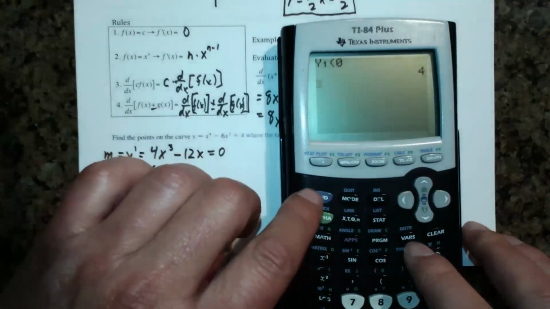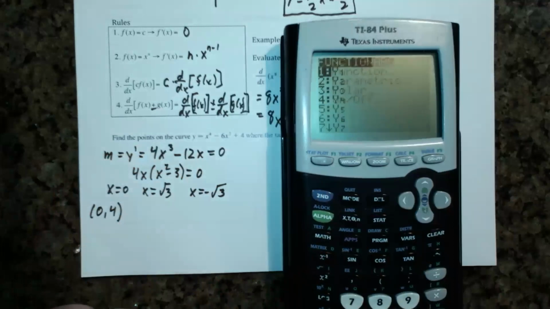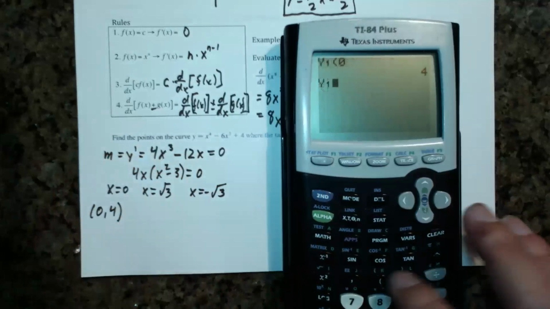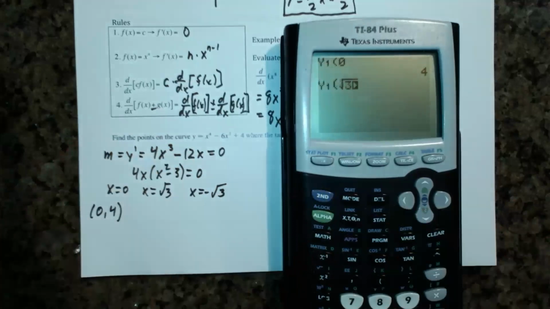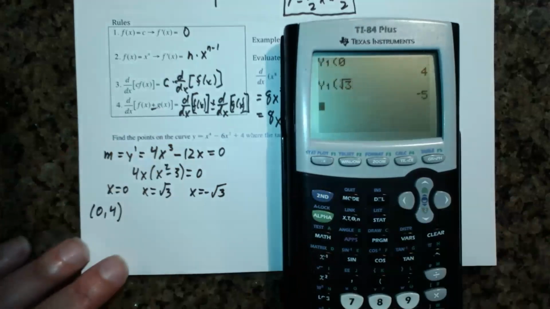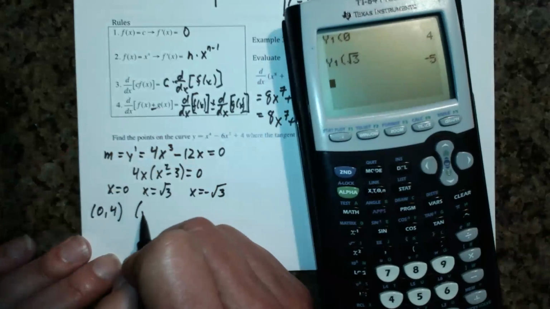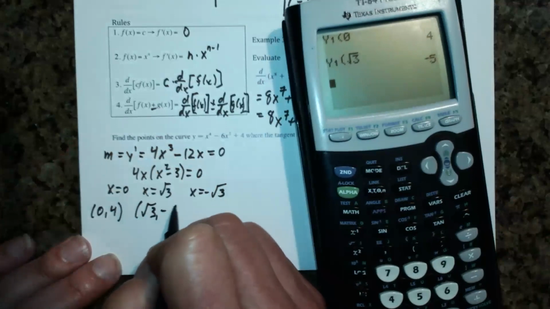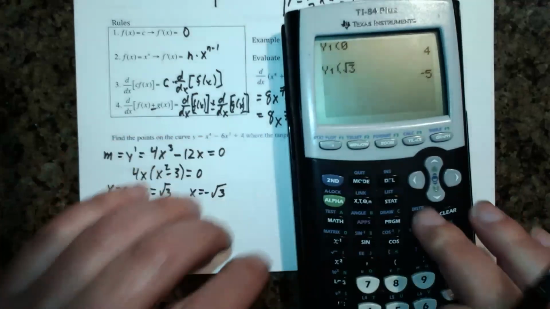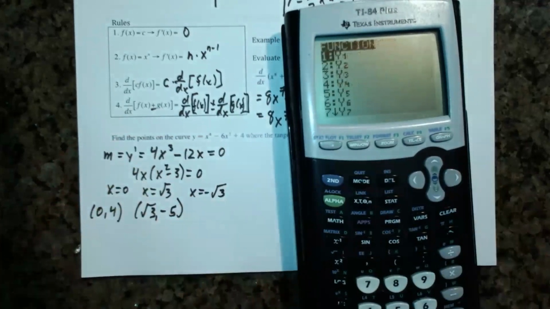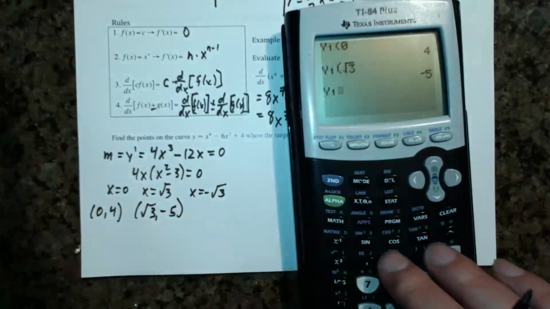Let's do it again. We'll evaluate that at the square root of 3, and we get -5. So we have root 3, -5 is our next point. Let's do it again. Vars, y vars. You can do this by hand. You don't have to use the technology like this.